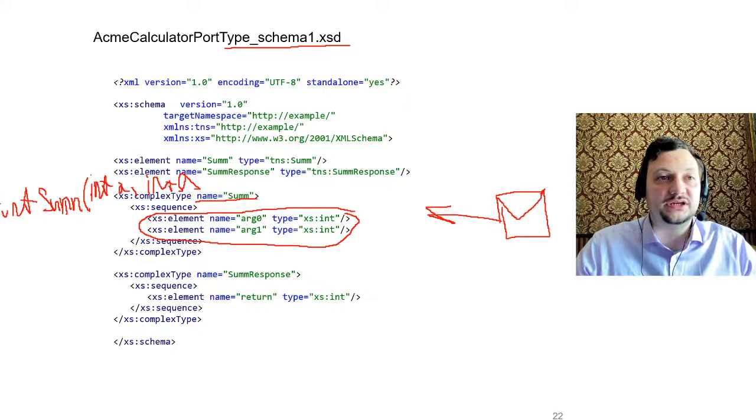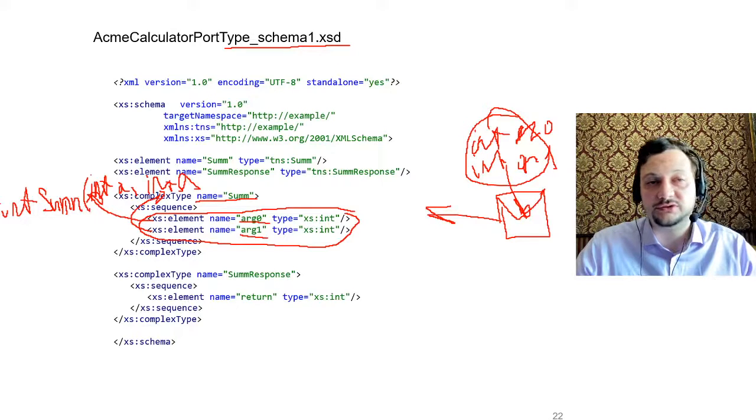And here we can see that in these integers we put the first argument and the second argument. So our input message would have two integers, arg0 and integer arg1. And we would put them into our incoming message.